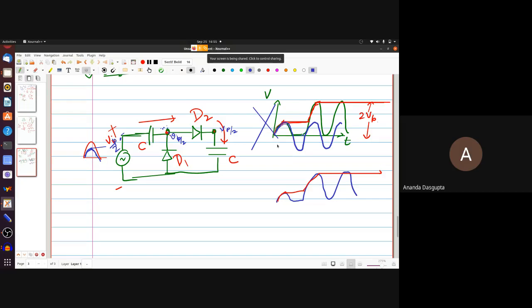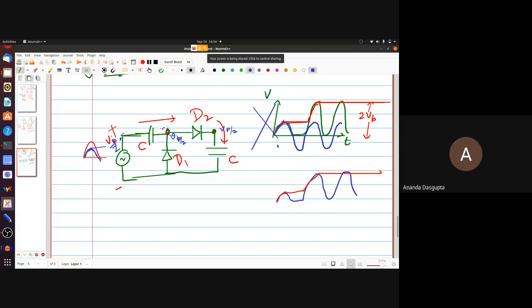Now, a lot of cycles means maybe 10, 20 cycles, maybe 100 cycles. But since each cycle takes 20 milliseconds, even 100 cycles takes only 2 seconds, even if this were the AC mains and you were just using this as a voltage doubler. After that, you will get 2 Vp. But in between, the approach to this 2 Vp is really rather fascinating.